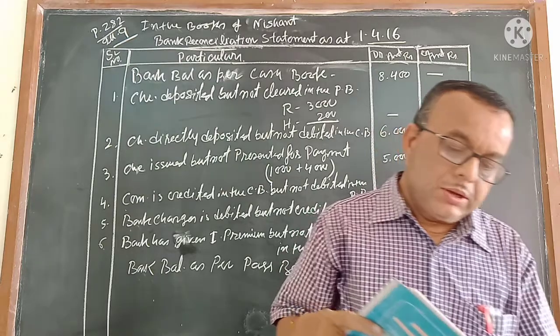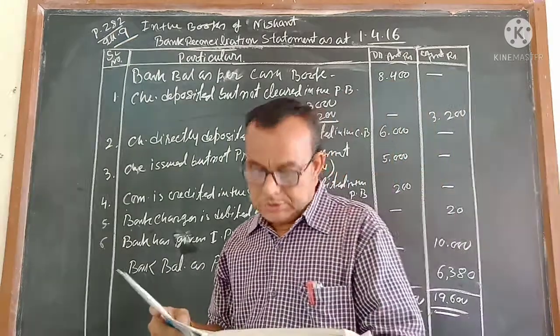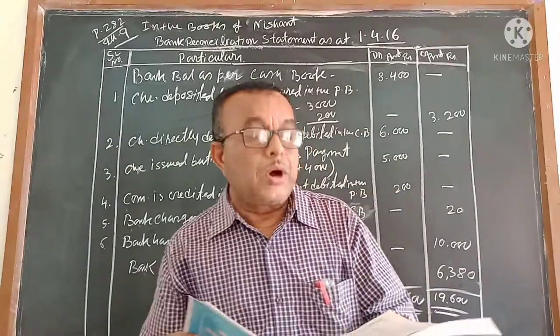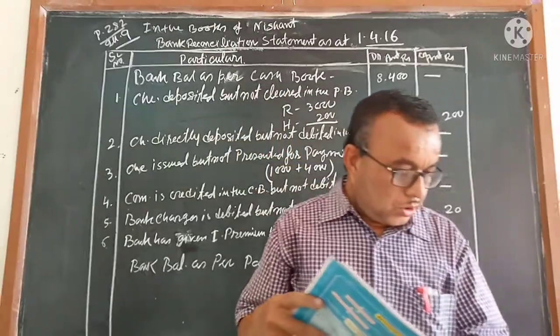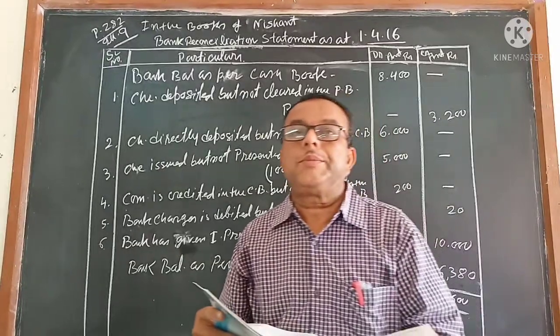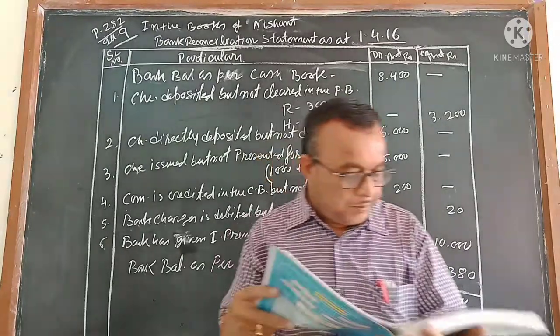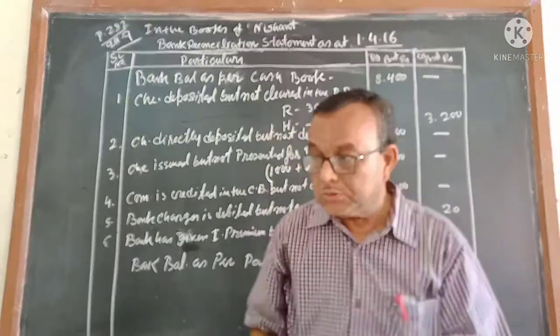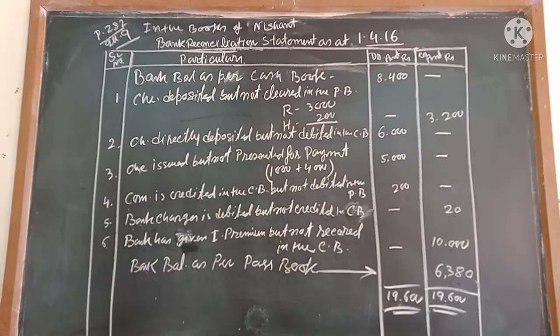Okay, now I have to explain what this is. See here, opening, try to understand. Once again you follow the book. The opening balance of the passbook is given 6,000. Why am I telling you to follow? The opening balance of the passbook is given 6,000, whereas the opening balance of the cash book is given 5,940.